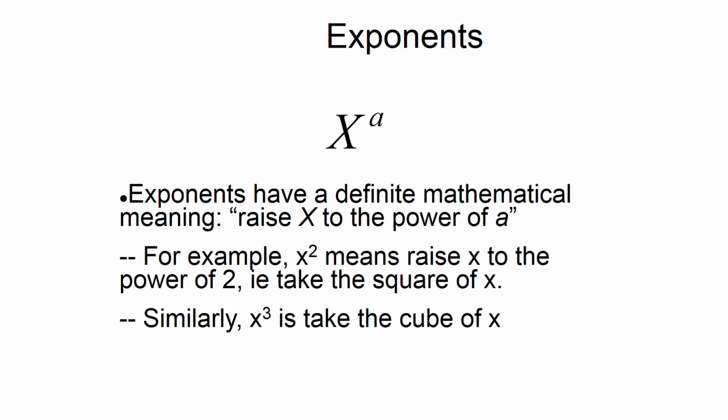So x squared means x times x. X cubed is x times x times x. Sometimes called the cube, but they don't have to be whole numbers. They don't have to be positive numbers. They don't even have to be real numbers, but we won't get onto the difference between real and imaginary numbers.